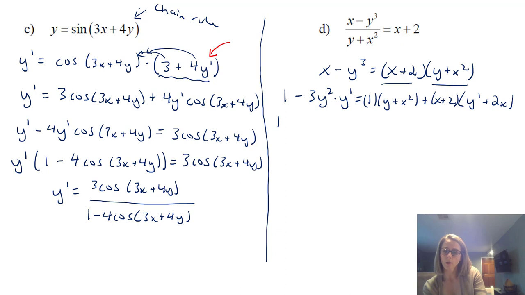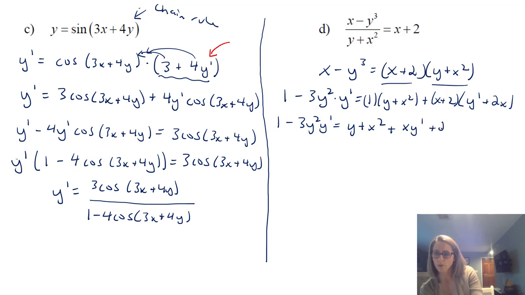So now I've got a lot happening here. 1 minus 3y squared y prime. I've got y plus x squared, and then I've got x y prime plus 2x squared, so I'm just multiplying it out, plus 2y prime plus 4x.